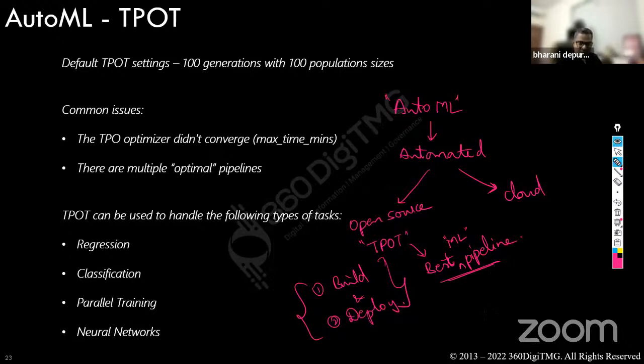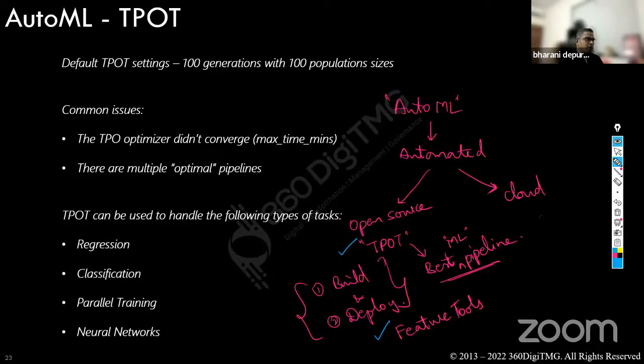Once we are done with this, we shall talk about something called Featuretools. With that, we would have completed the open source AutoML libraries or tools, however you want to call them.